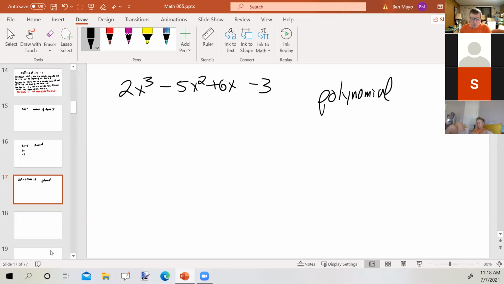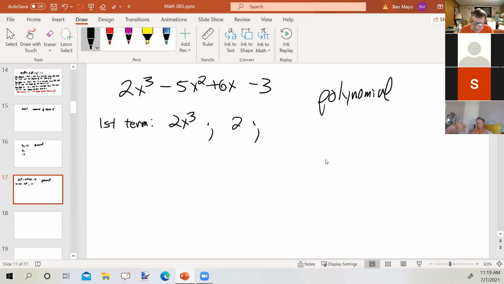Okay, what's the first term? 2x cubed. Excellent. What's its coefficient? 2.